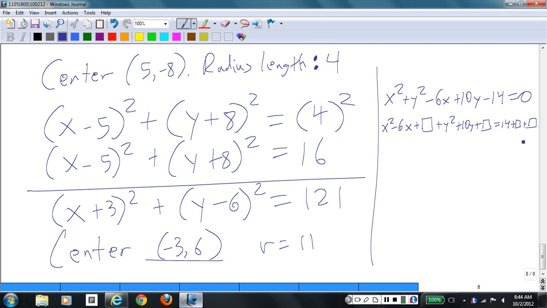So to complete the square, x squared minus 6x plus what? And then y squared plus 10y plus what? Equals 14 plus 9 plus 25.